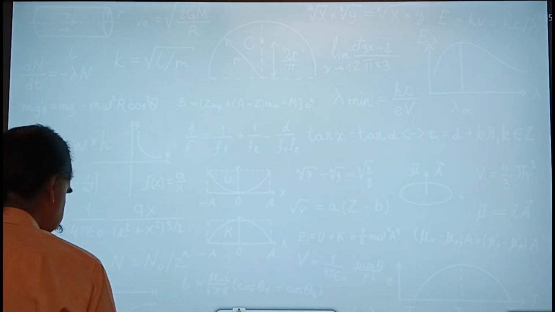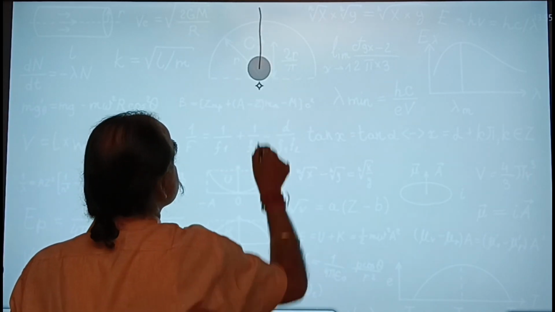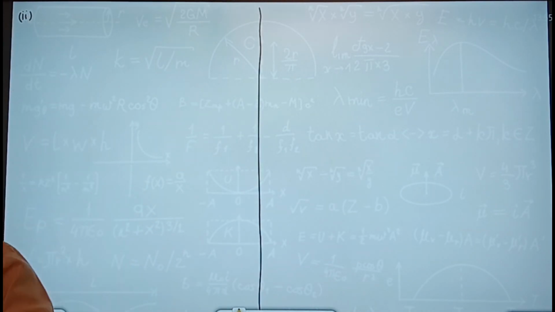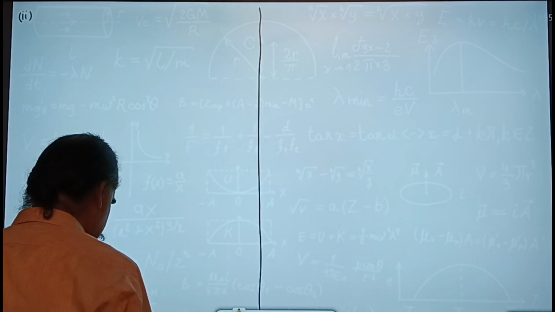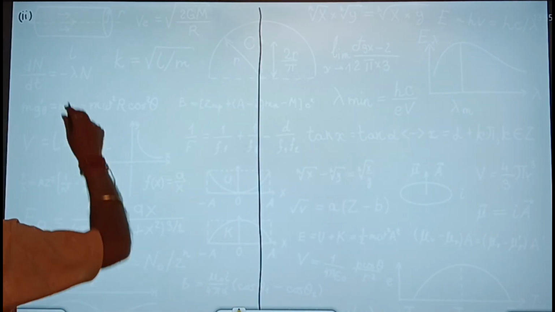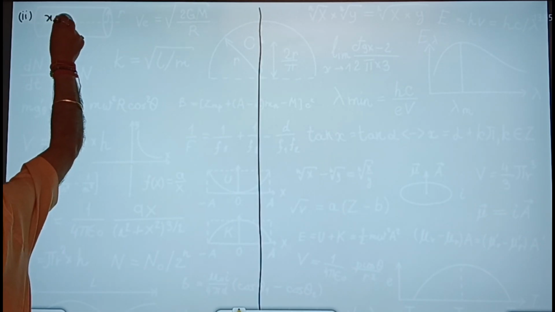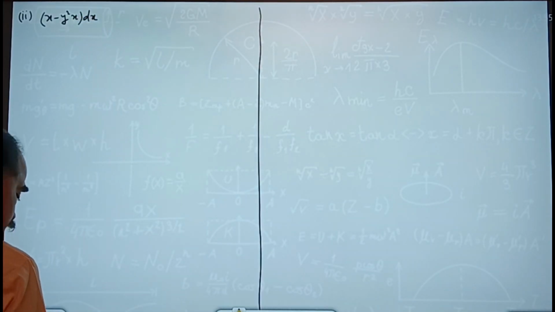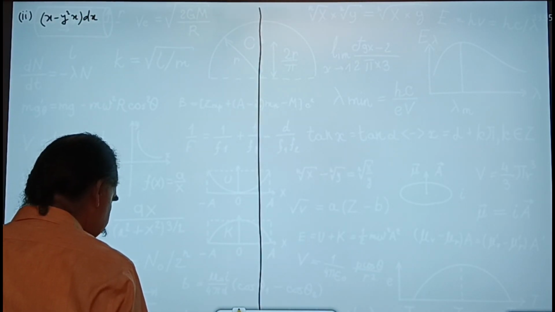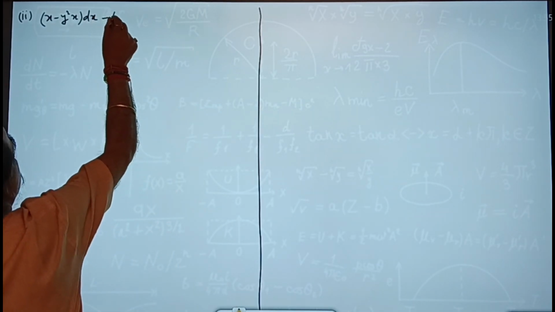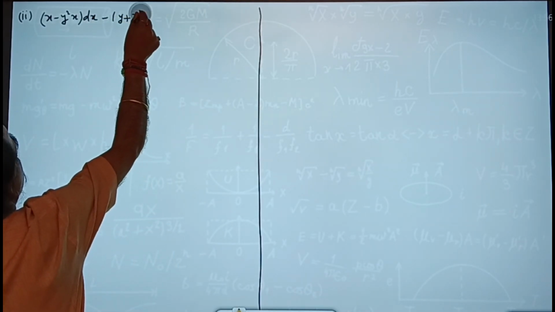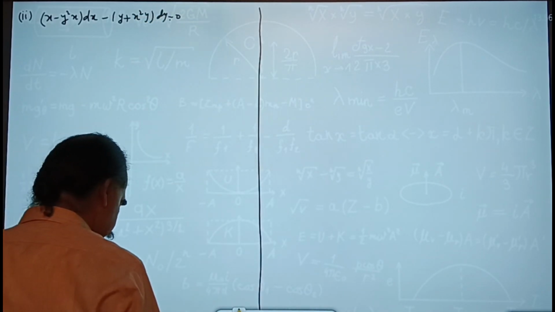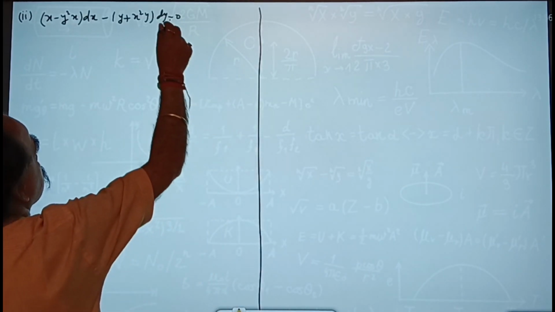Second one is x minus y square x dx minus y plus x square y dy is equal to 0 when x is 2, y is 0.